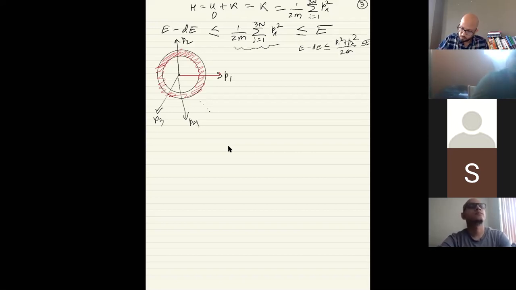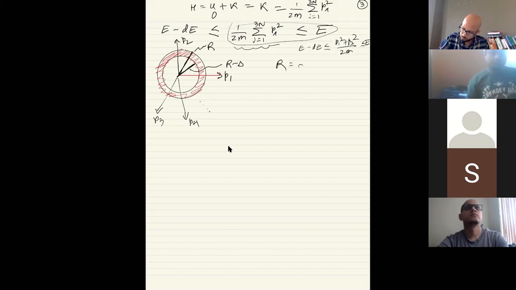So now we are not thinking of circles, we are thinking of hyperspheres. The first one is a hypersphere of some radius R minus s. The second one is a hypersphere of some radius R. And what is R here? If we look at this equation, R is equal to the square root of 2mE. That is the radius of this high dimensional sphere.